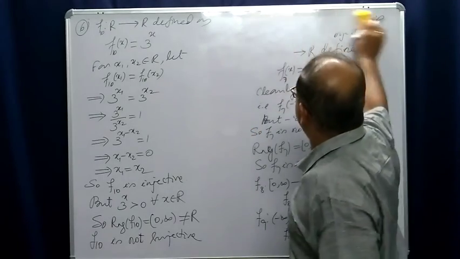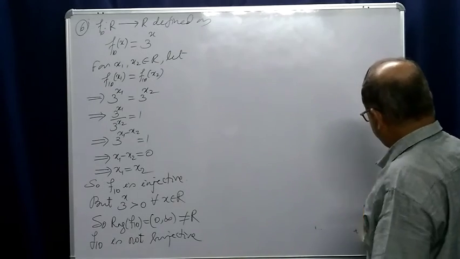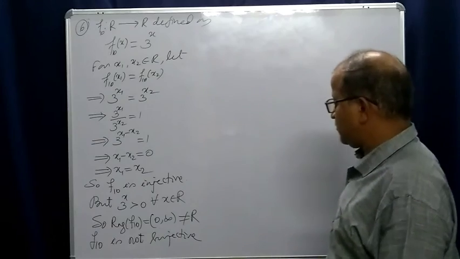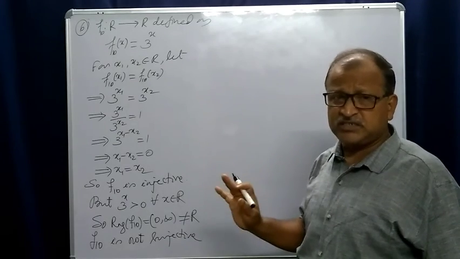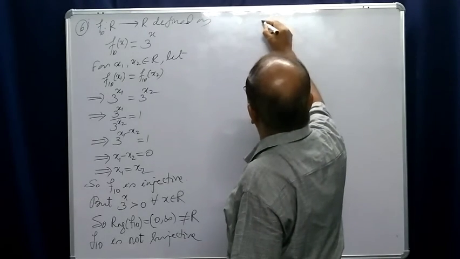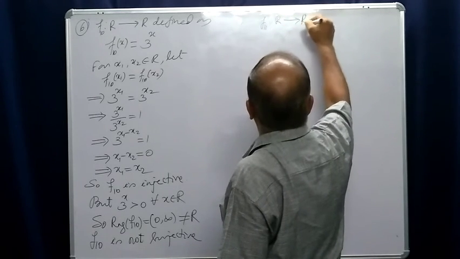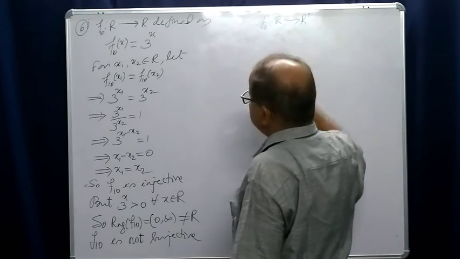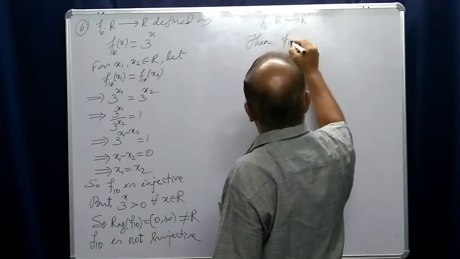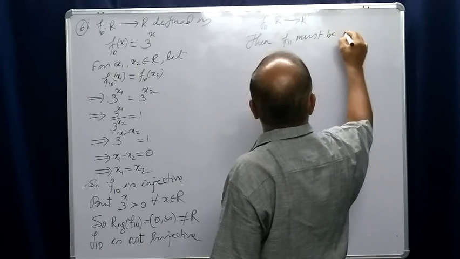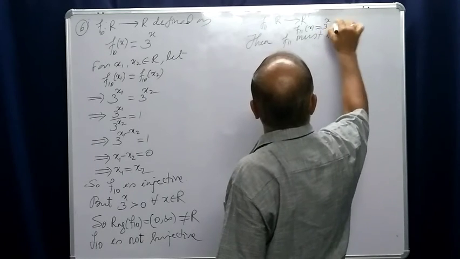Since the range is the positive real numbers, we can restrict the codomain. Let f11 be from R to R plus, where R plus means 0 to infinity, defined as f11(x) is equal to 3 to the power x.